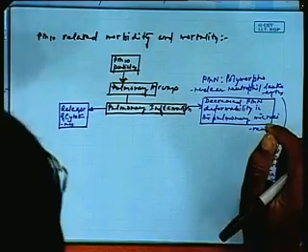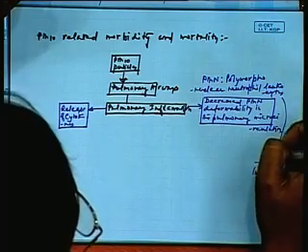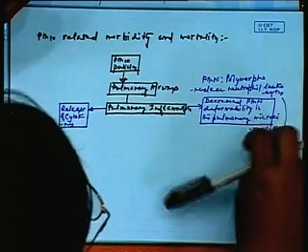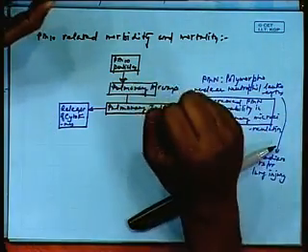Typical leukocytes generally work as mediators against lung injury. That means they resist the lung injury.